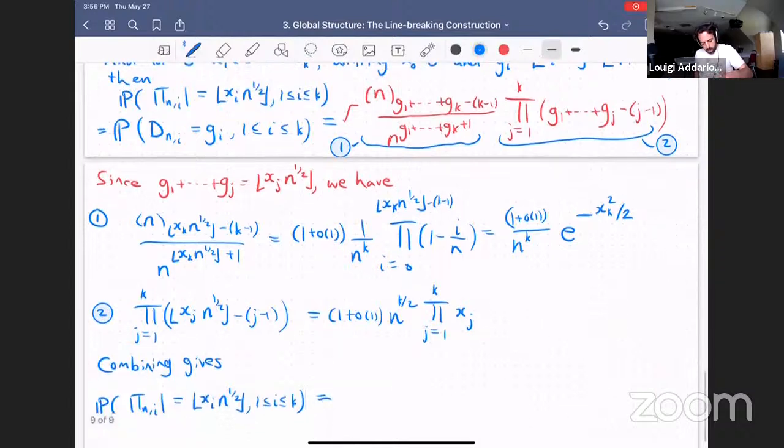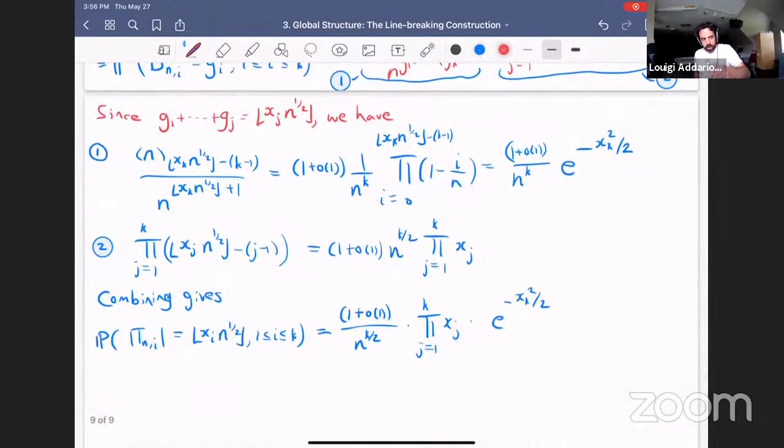So this n to the k over 2 cancels half of that 1 over n to the k. So 1 plus little o(1) over n to the k over 2. And then we have the product of the xj, and then all that times e to the minus xk squared over 2.